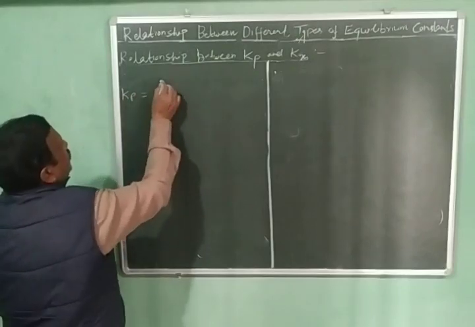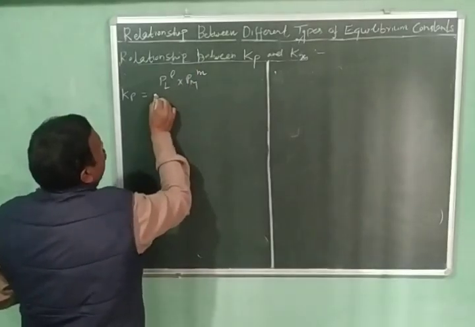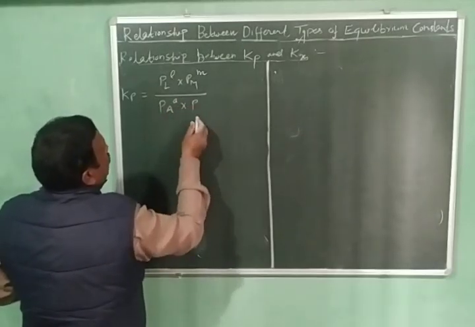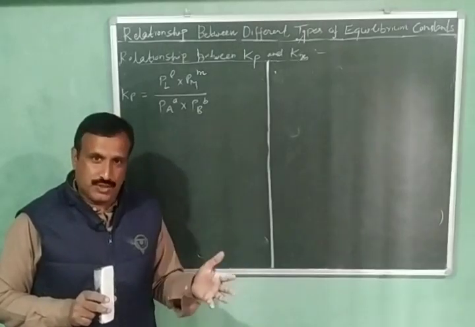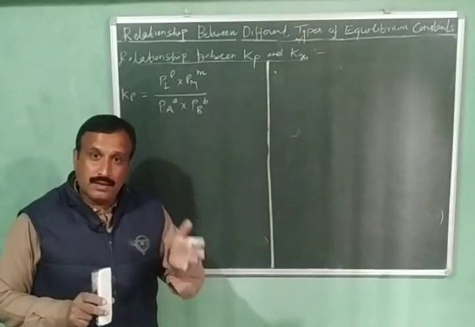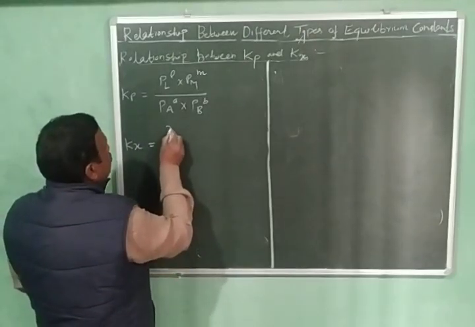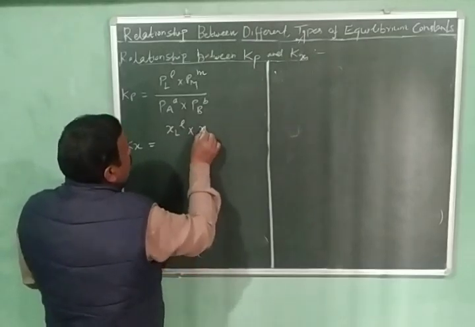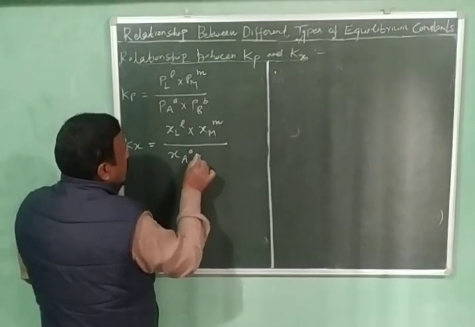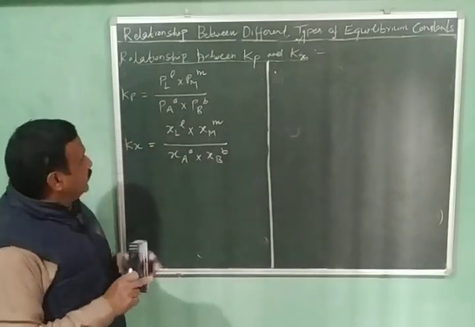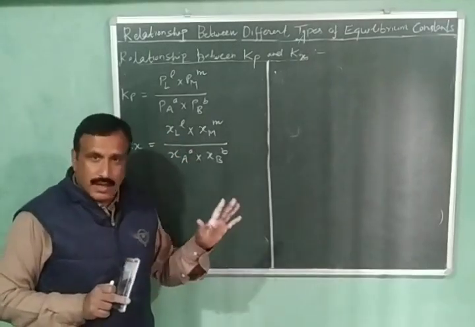That is Kp was equal to Pl raised to power L into Pm raised to power M divided by Pa raised to power A and Pb raised to power B. And if the concentration is expressed in terms of mole fractions, then the equilibrium constant will be represented by Kx, and it will be equal to Xl raised to power L and Xm raised to power M divided by Xa raised to power A and Xb raised to power B, where this Xl, Xm, Xa and Xb are the mole fractions of L, M, A and B respectively.